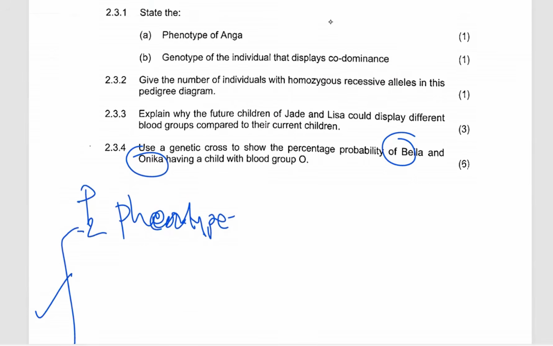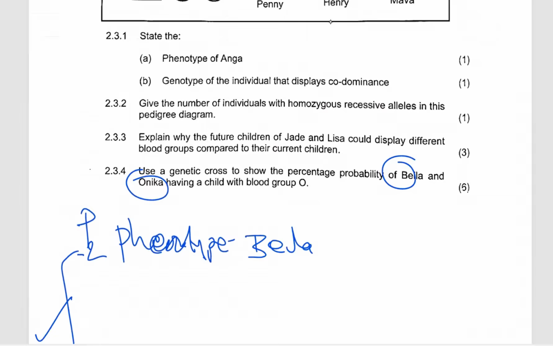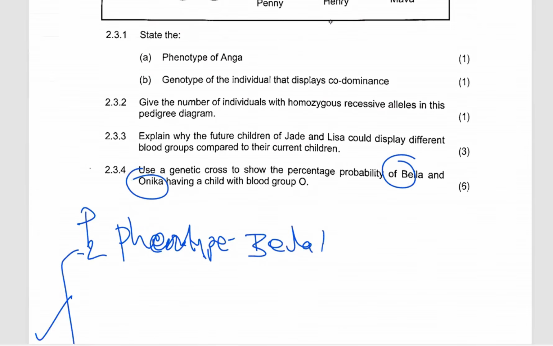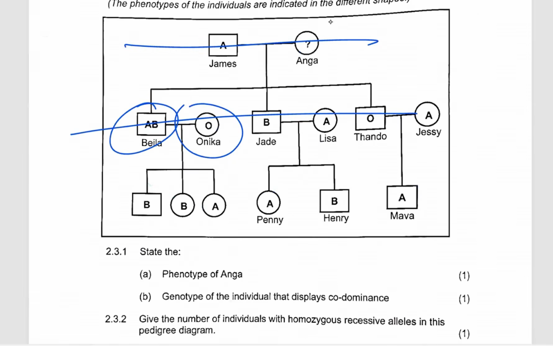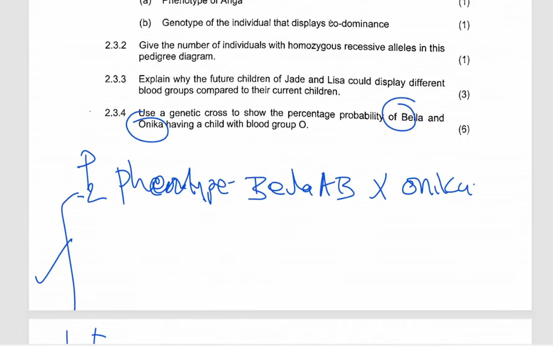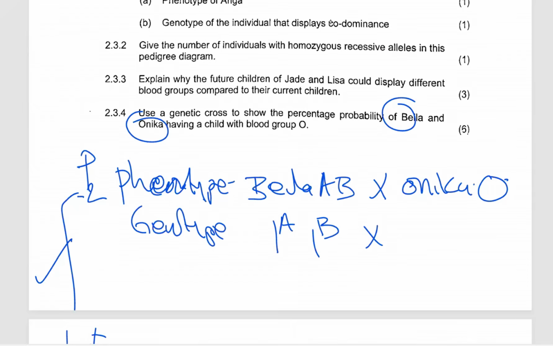They're saying that Baila is blood group what? Baila is blood group AB, crossed with Onika, of blood group what? Of blood group O. Blood group O. So when you look at the genotype, blood group AB looks like this, crossed with Onika, which is blood group O, small i.